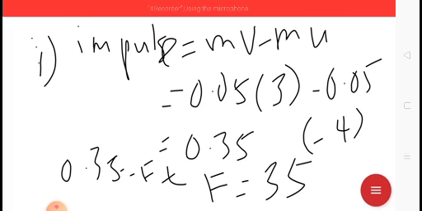So you can conclude that the ground exerts an average upward force of 35 newtons on the ball. When the ball hits the ground, the ground gives another force to the ball, by Newton's third law, in the upward direction, which we assume is positive. That is part 1 of question 2.